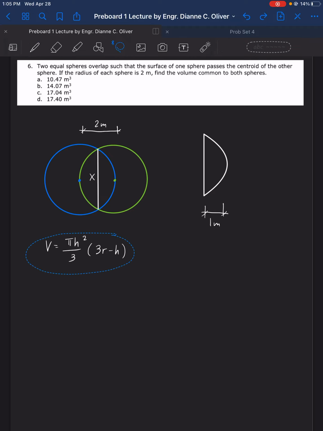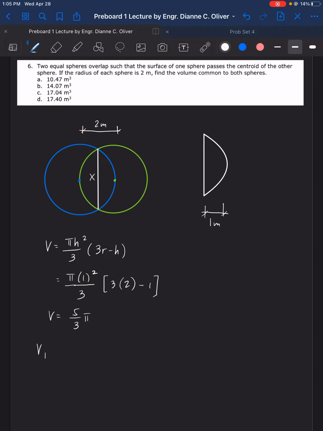So the volume of this one here is pi times 1 squared divided by 3 times 3 times the radius of 2 meters minus 1. So the volume here is 5 over 3 pi.